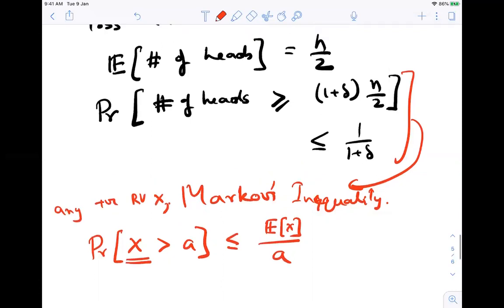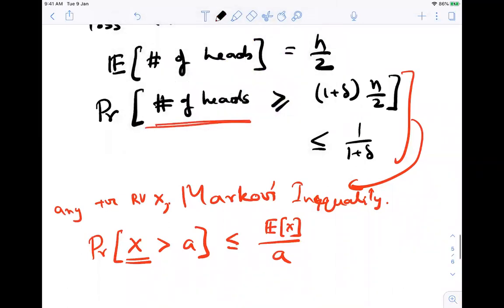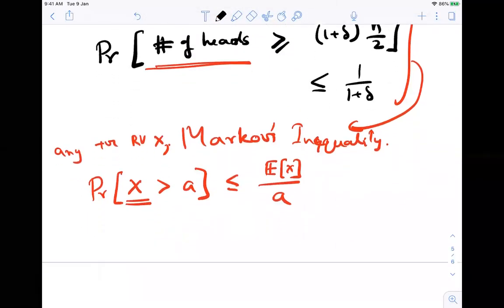But in our setting, this is a very specialized random variable. Why is it specialized? Because it is the number of heads.